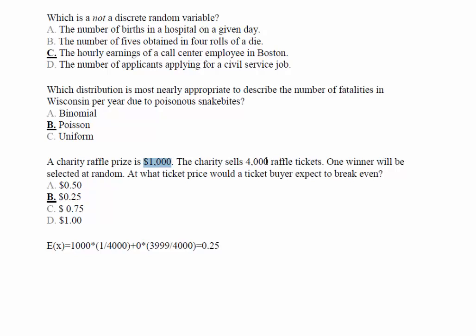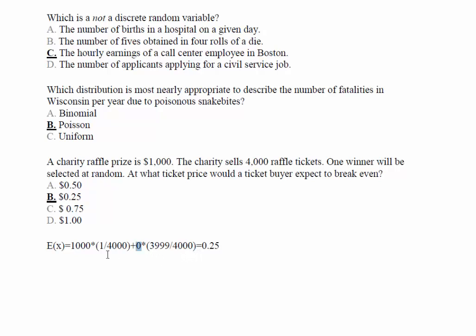They sold 4,000 tickets, right? So for your expected value, you could be getting $1,000, but your chance is 1 out of 4,000. That's a pretty small chance. What is the chance that you get nothing? You get $0 with a chance of 3,999 out of 4,000, which is a pretty big chance.